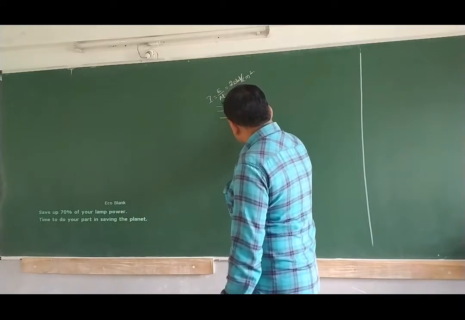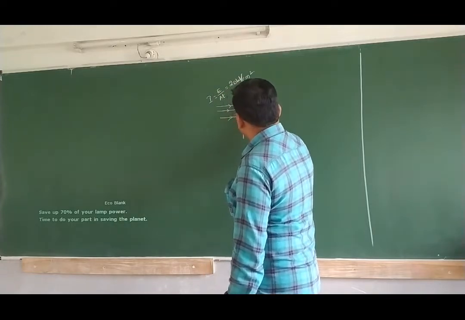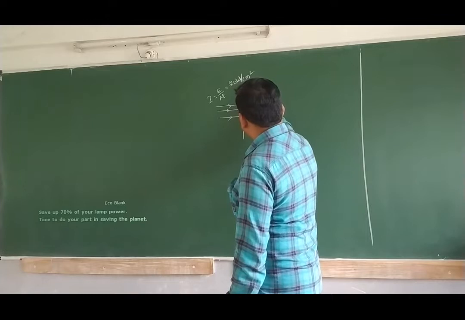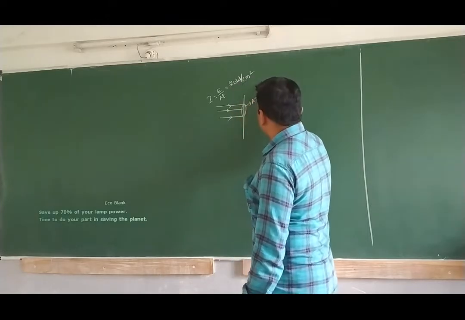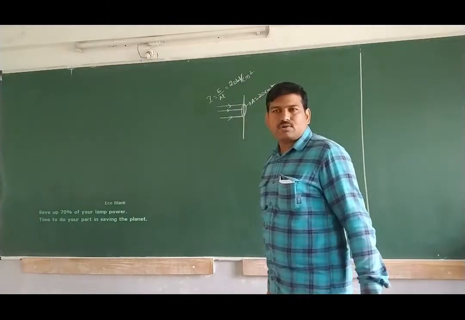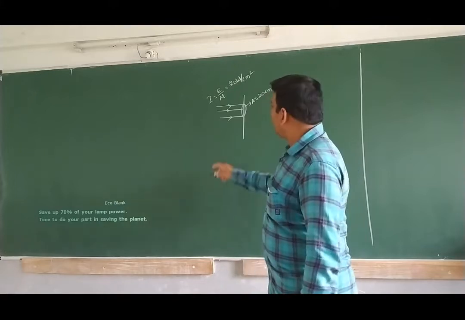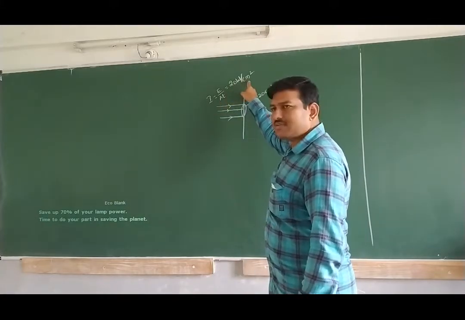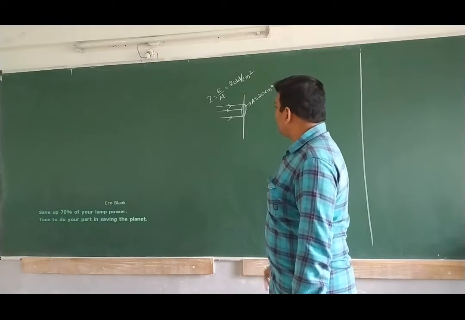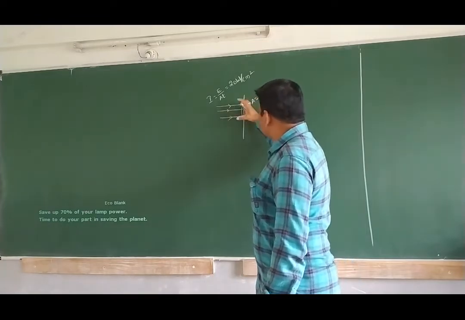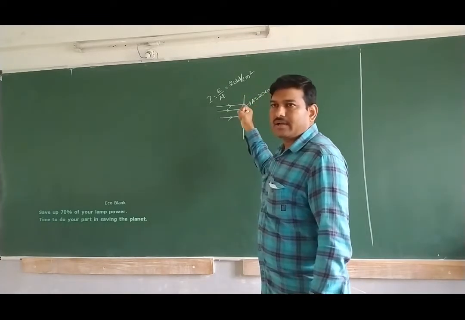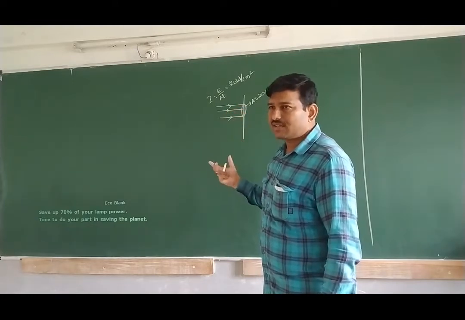And here the surface area is given as how much? A is given as 20 centimeter square. And intensity is given as 20 watt per centimeter square. Now, it is incident on the surface and the surface is completely absorbing it. It is not reflecting any of the energy that is falling.